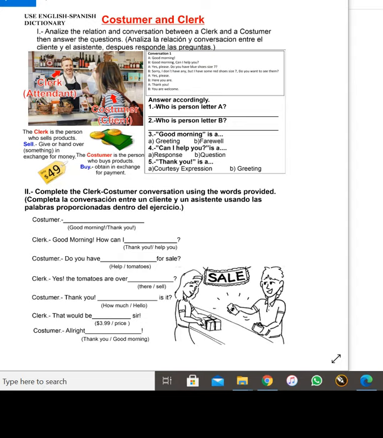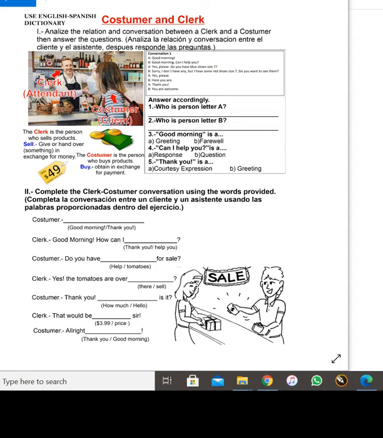Closing up the conversation, the customer says to the clerk, "Thank you. How much?" That's something that you use to ask for a price or for a quantity. So how much is it? Or hello, is it? Obviously, it's how much is it?